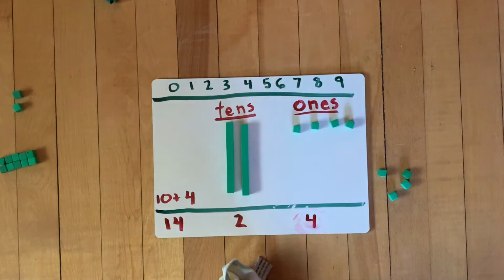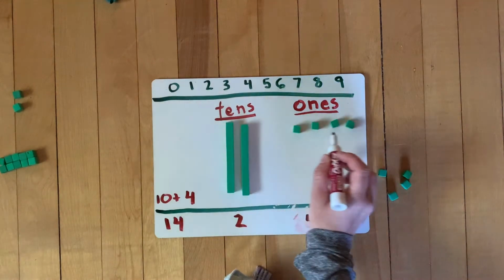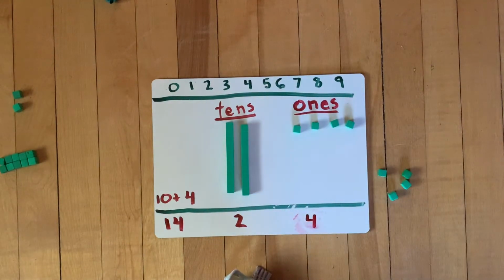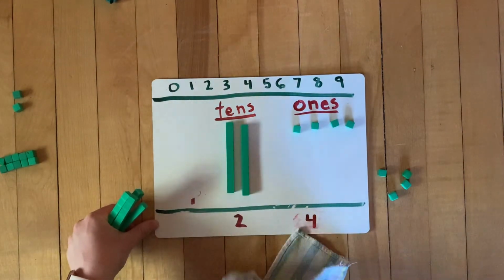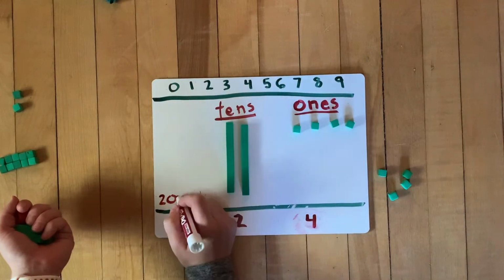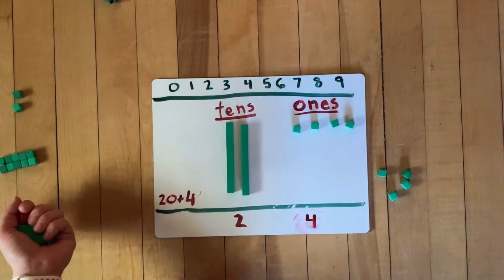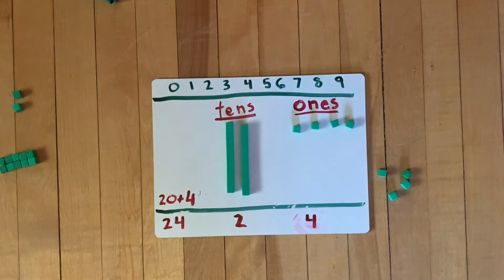And I still have 4 ones, 4 single salmon. 2 groups of 10 salmon and 4 single salmon swimming around, which means that our number has changed. 20 salmon and then 4 is the same as 2 tens and 4 ones.